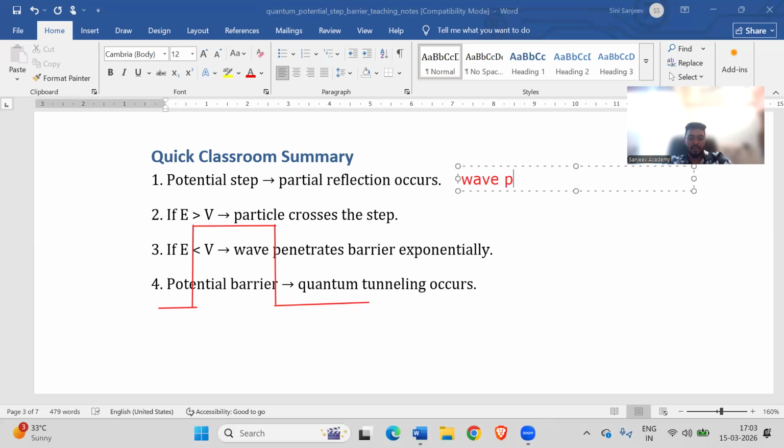Wave partially reflects. E greater than V, the particle crosses the step, but E less than V, the particle also crosses it, but exponentially. Potential barrier: quantum tunneling occurs. Just remember the wall. Even if there is a wall, it can escape.